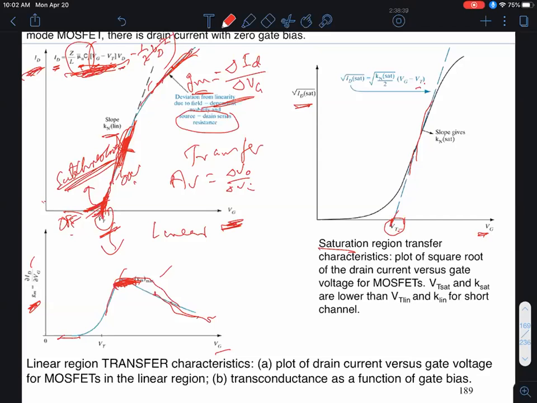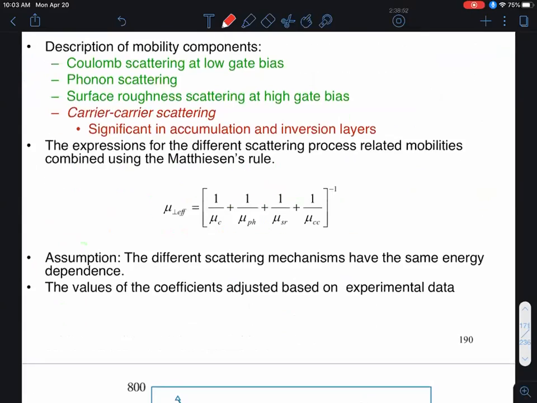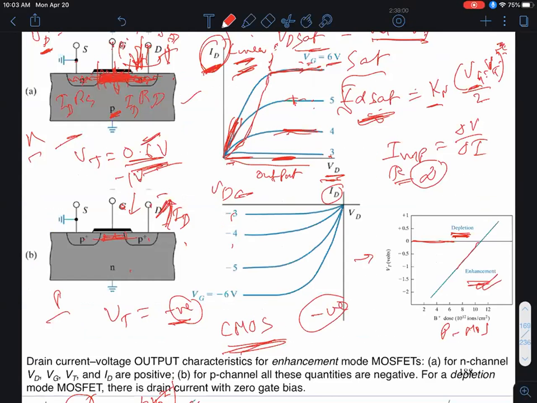The thing I want to elaborate on is what I've already mentioned, this business of effective channel mobility. As I said, these electrons in the inversion region, or holes in the PMOS, as they travel from the source to the drain, not only see the usual sorts of scattering you have in bulk, which are phonons or lattice vibrations or ionized impurities, but now you have additional sources of scattering because of deviations from perfect periodicity, due to the atomistic-scale roughness between the amorphous gate oxide and the single crystal substrate.